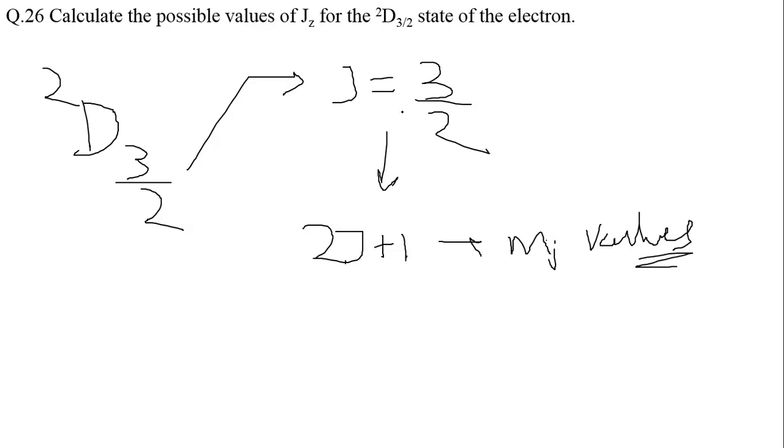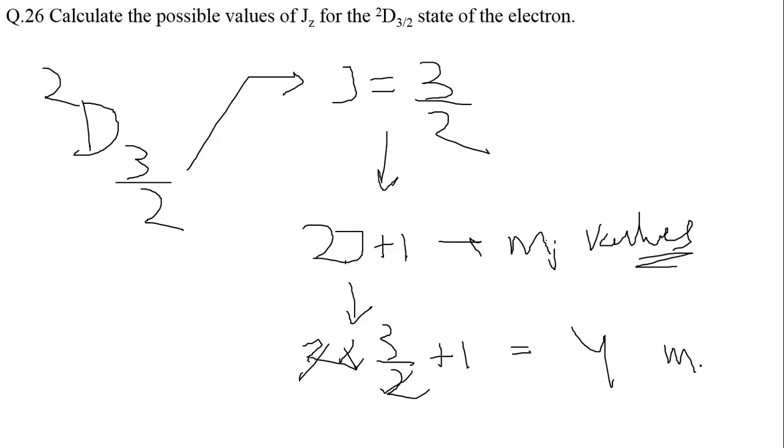So if j is 3 by 2, how many mj values do we have? We have 2 into 3 by 2 plus 1, so that is 4. So we have 4 mj values.